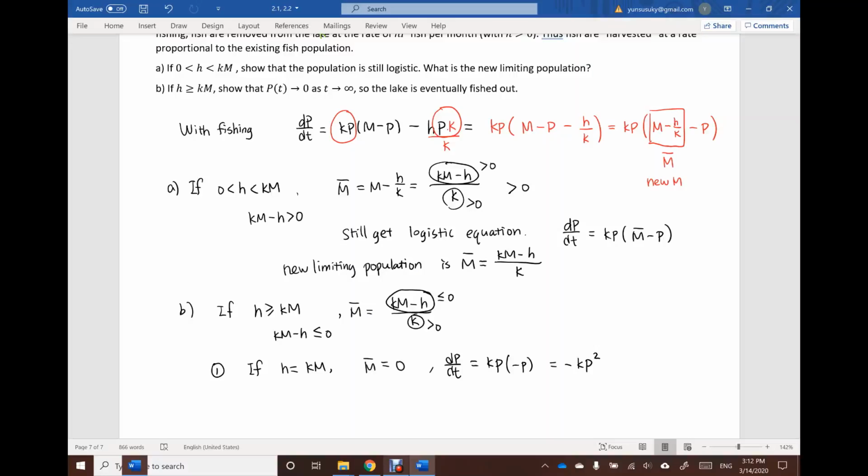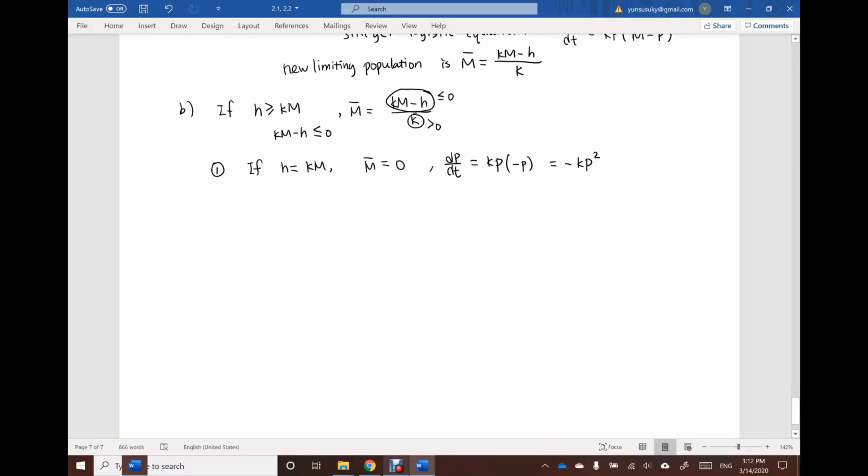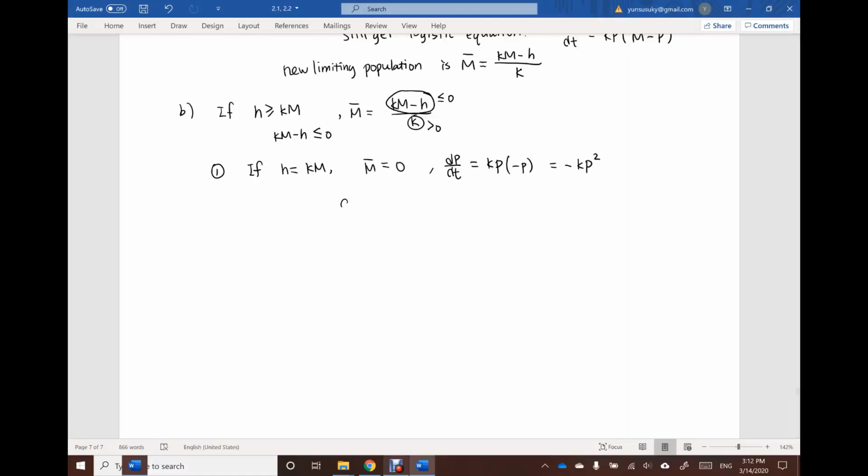Alright, so we can solve this differential equation. We divide both sides by P squared, and we still have minus k on the right. We integrate both sides. On the left, we have P to the minus 2. We add 1 to the exponent, so we have P to the minus 1 over minus 1, which is the same as multiplying by minus 1.